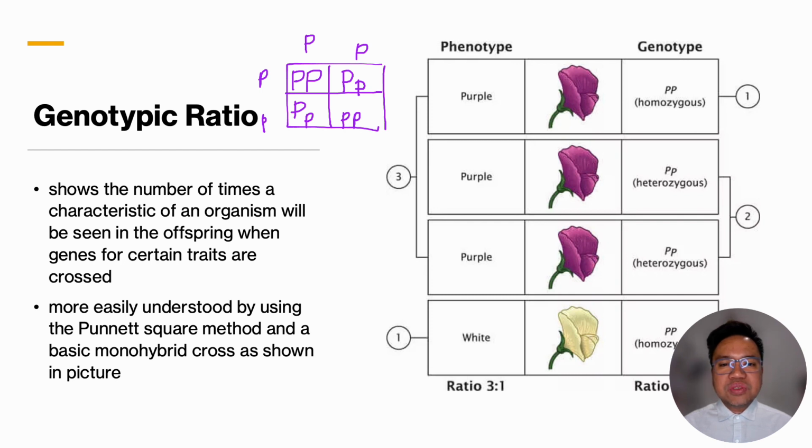The image shows a Punnett Square monohybrid cross of a male and a female pea plant that are both heterozygous dominant for purple. The genotypic ratio for this cross is written as 1 is to 2 is to 1.